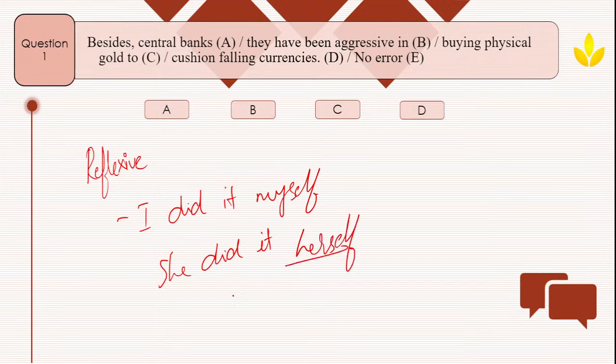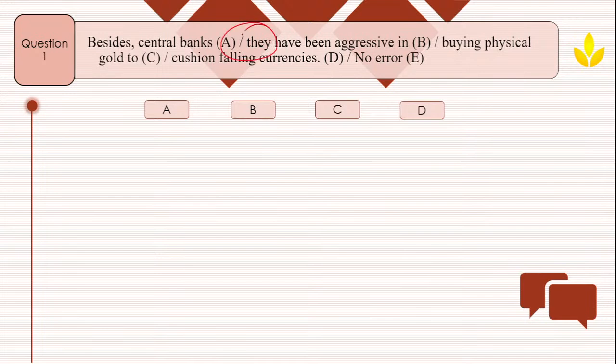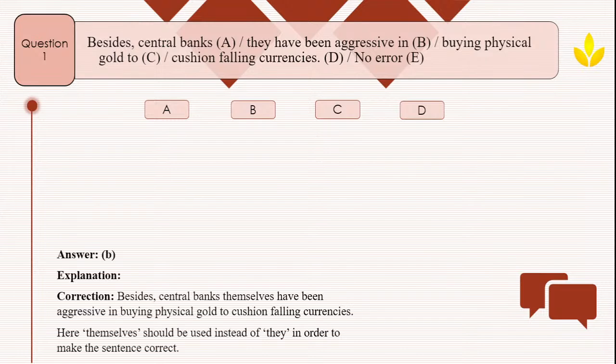So here we are talking about the same subject. So here also that needs to be changed. They will be changed into themselves. Central banks themselves have been aggressive. So it implies the subject central bank. That is the first question and that is the error.